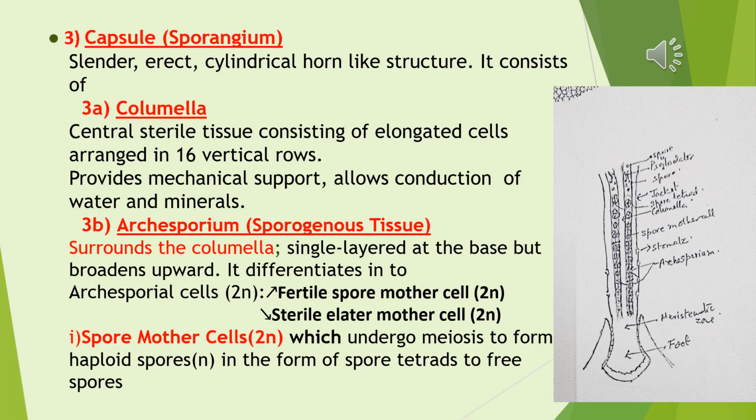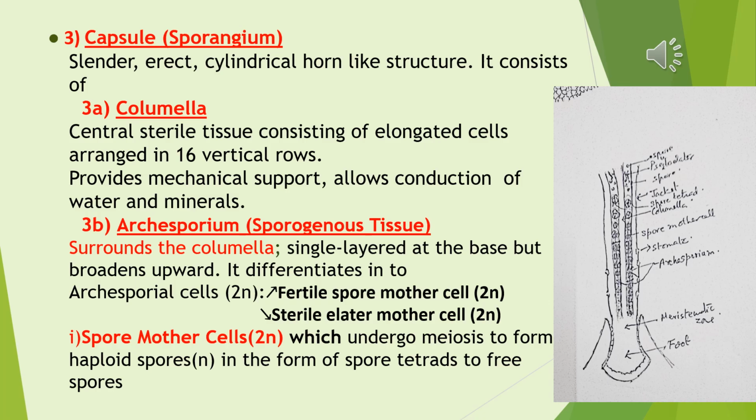Now, surrounding the columella is the archesporium, that is the sporogenous tissue. This tissue is single layered at the base but broadens upward.